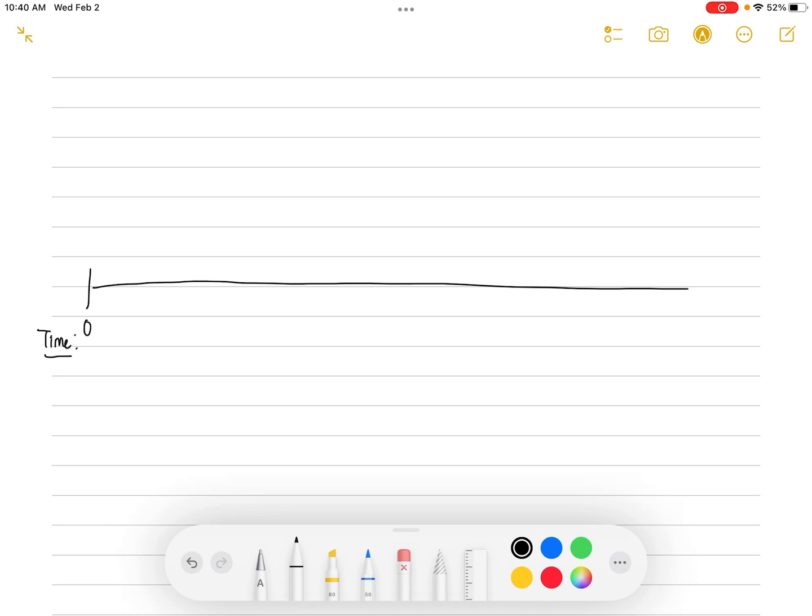We have 0 months, 1 month, 2 months, 3 months, 4 months, 5 months, and so on, and then we have our last month, we'll call that 24 months. Okay, so this would be over a 2-year period, and these are months.